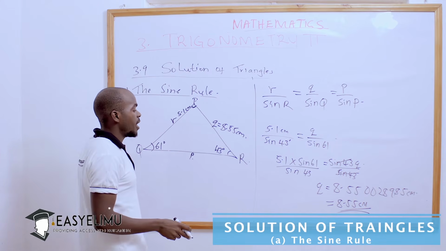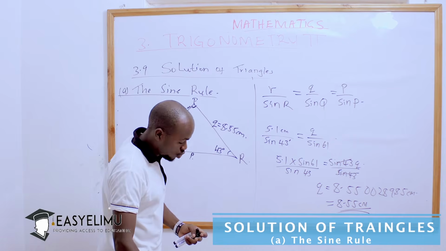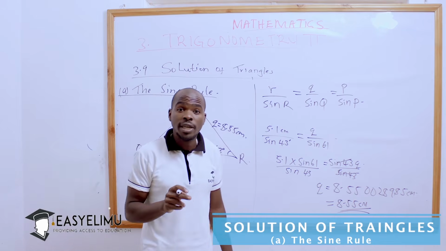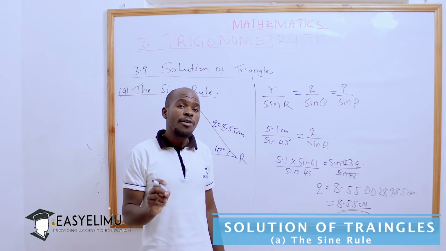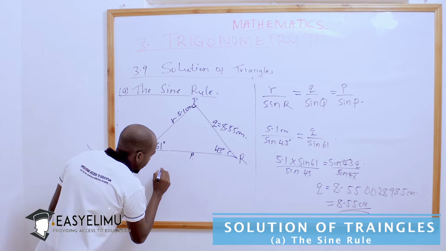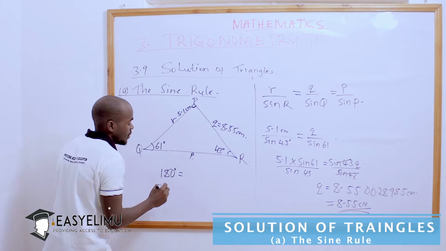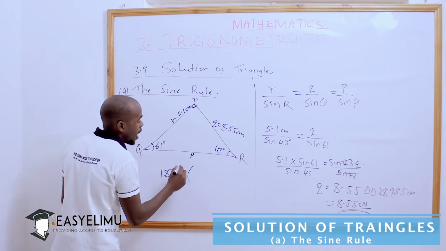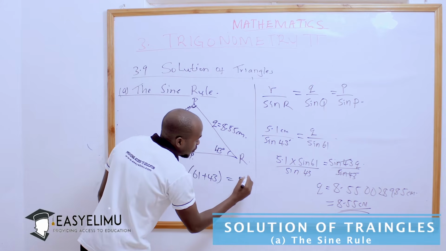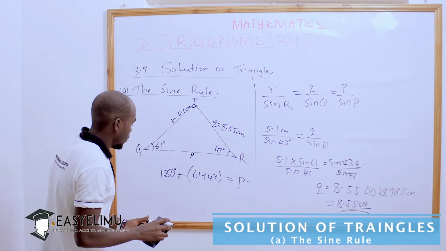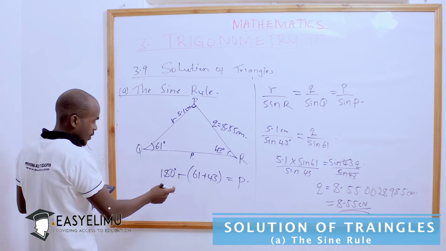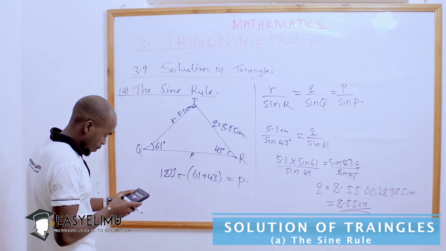Since we have this angle 43 and the other one 61, and we all know that the angles in a triangle sum to 180 degrees, we take 180 and subtract 61 plus 43, which is 104.